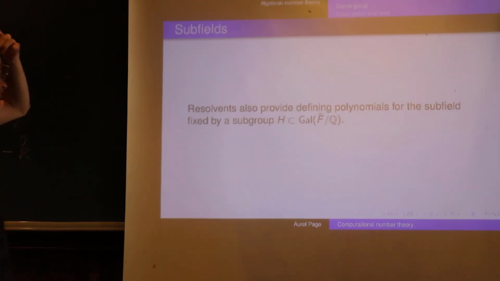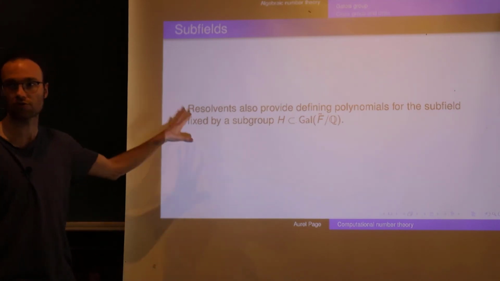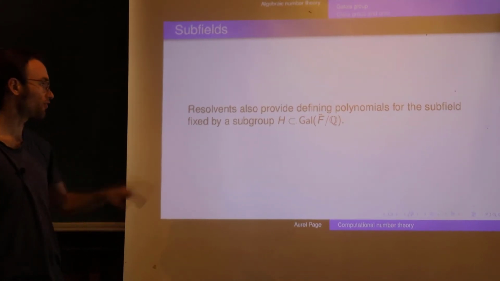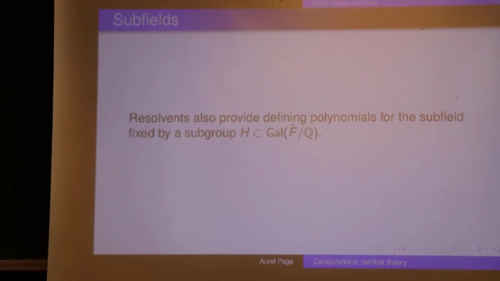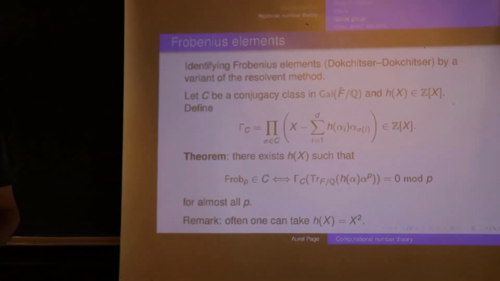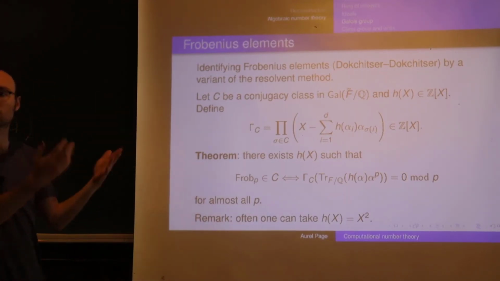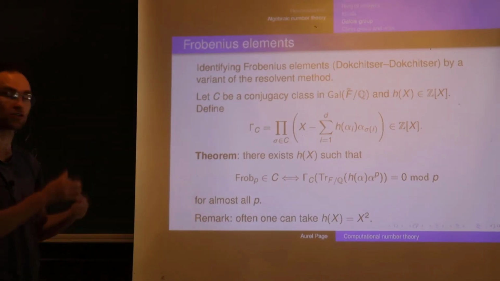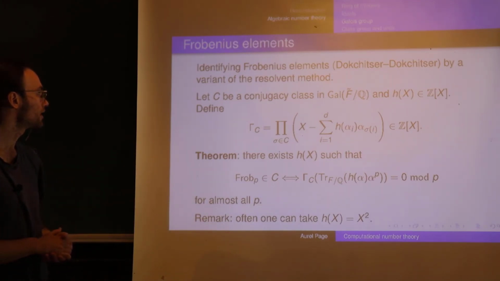Okay, so for subfields, I won't say much about it, but you can use resolvents also to produce the subfields corresponding to a subgroup. I'm not going to say more about it. And Frobenius elements use variants of this resolvent strategy. So it's, again, something that works by reconstruction.